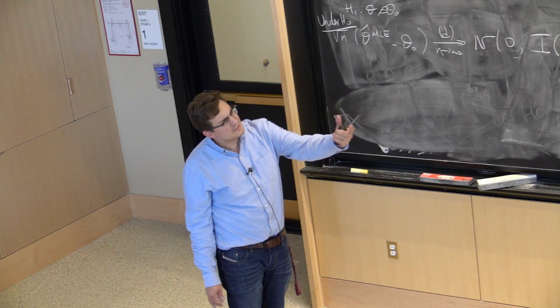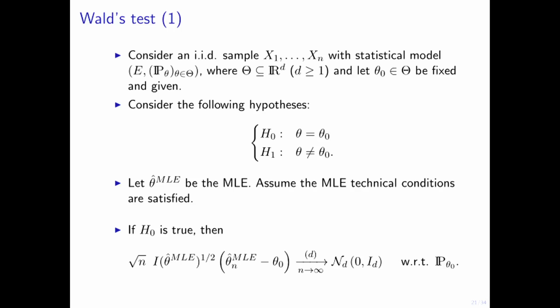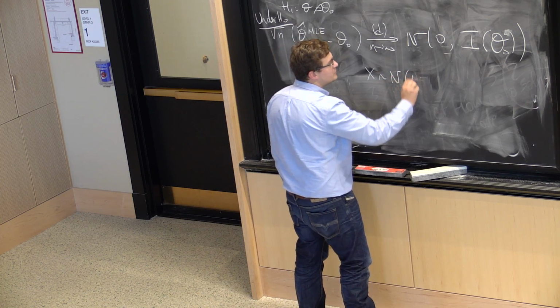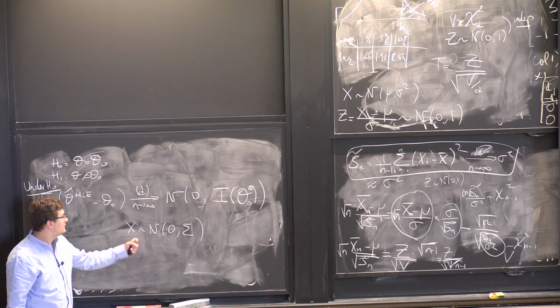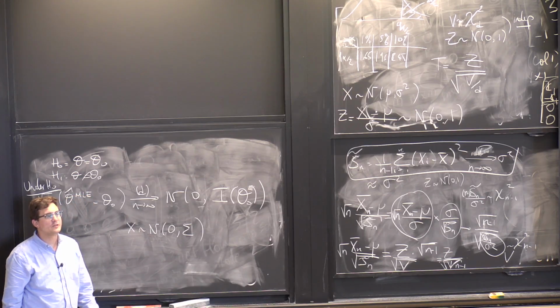So now it's not really stated in the same way. If you look at what's on the slide, here I don't have the Fisher information matrix, but I really have the identity of R^d. If I have a random variable x which has some covariance matrix sigma, how do I turn this thing into something that has covariance matrix identity?